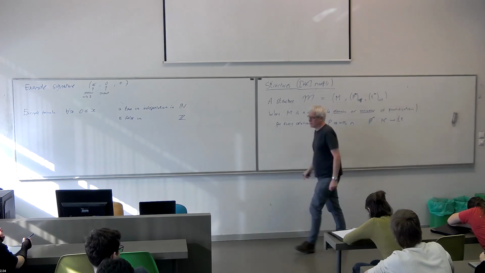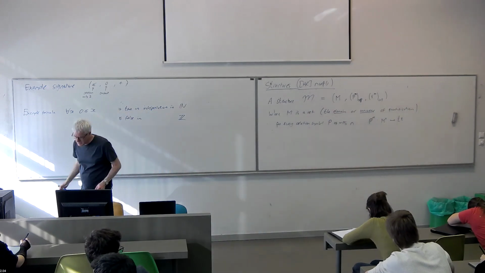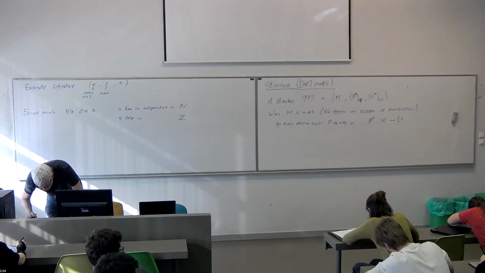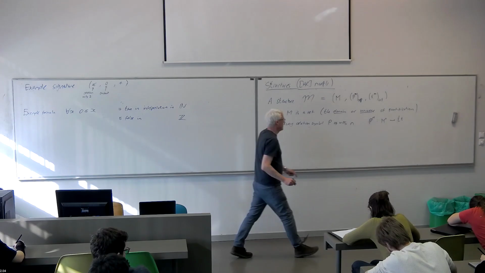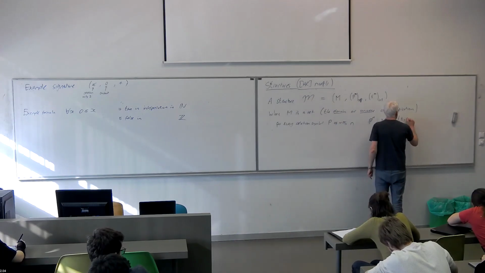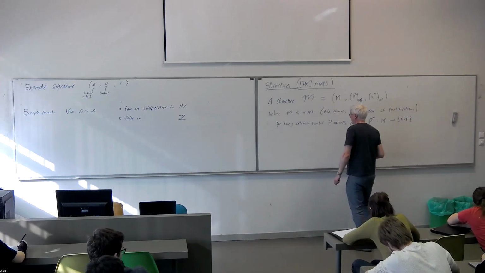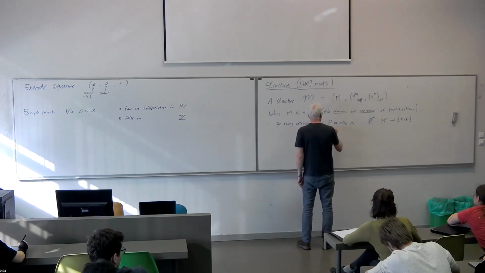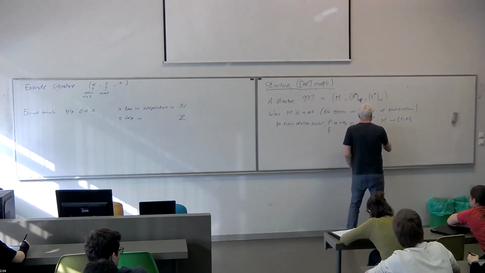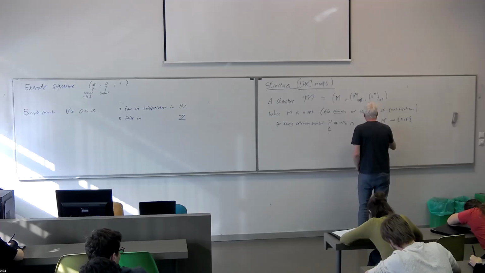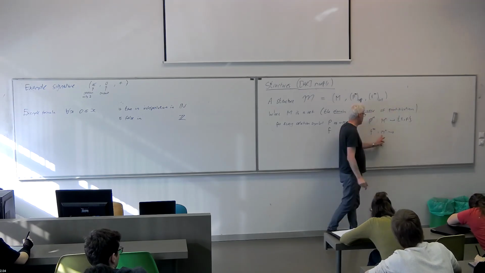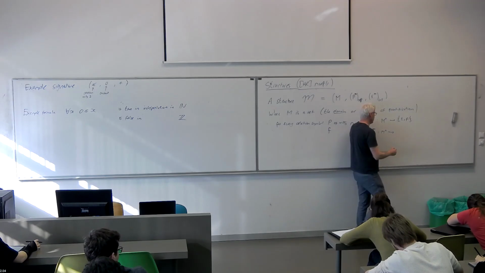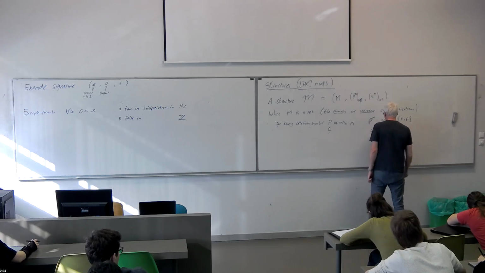I think in my notes I just use little t and f. And for every function symbol f of arity n, it is interpreted as an actual function that sends n-tuples of elements of the universe to an element of the universe.